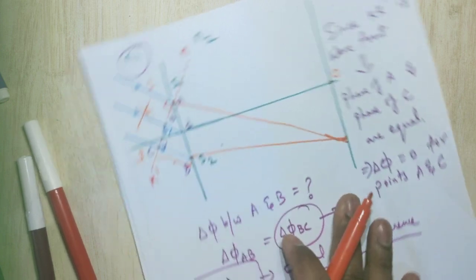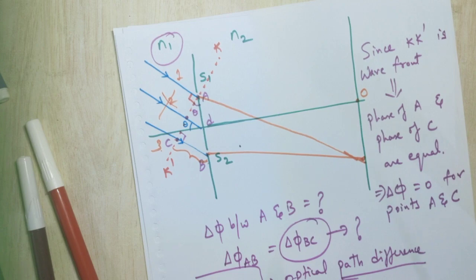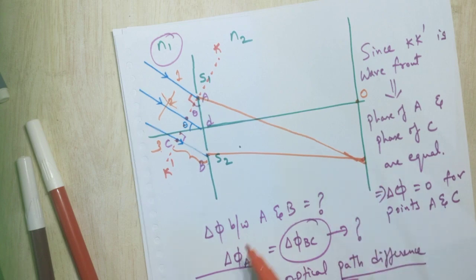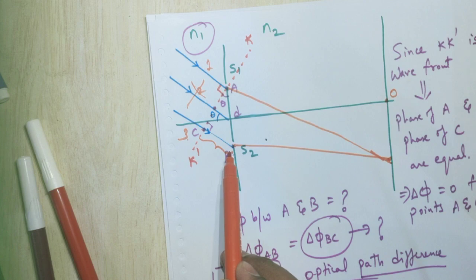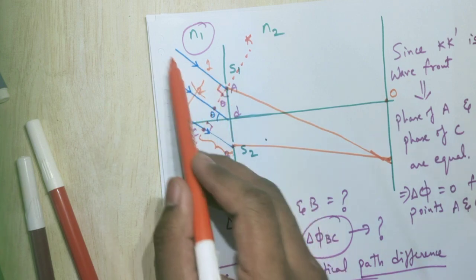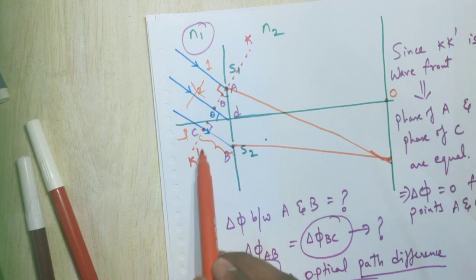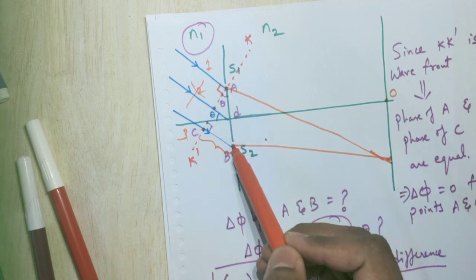They are meeting here. From here, can you tell me which ray is traveling longer from this location to this location? In the medium n1, you can see that the first ray is leading the third ray, or you can say that there is an extra path of this much between this point and this point.